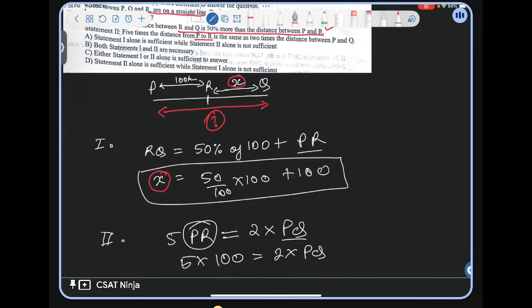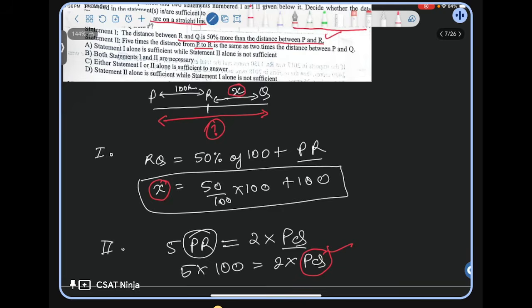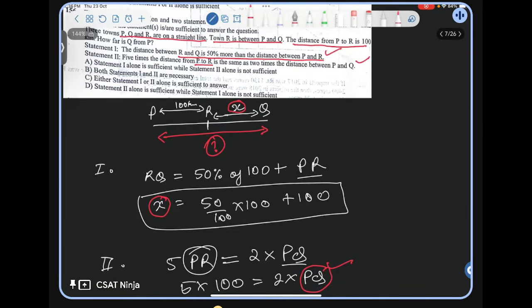Even here we have only one unknown, which is PQ. So even just by using statement number 2, I can answer this. So look at the statement now.